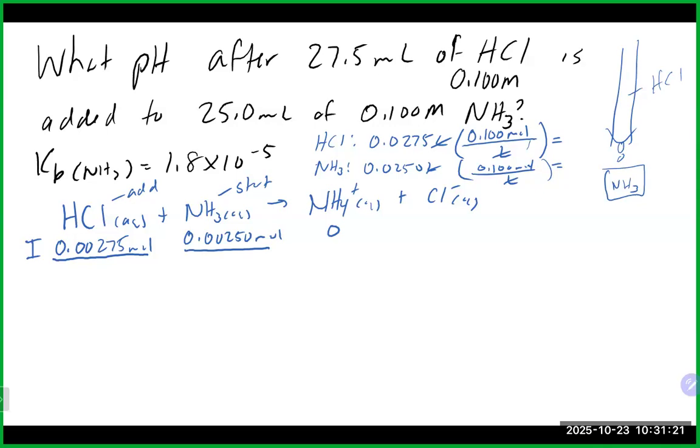You could always use your ice table and your numbers to figure out where you are. Because I am past the equivalence point, this is kind of like the limiting reagent, as there's not enough moles to handle what's coming in. That means it is our base that's going to be our change.